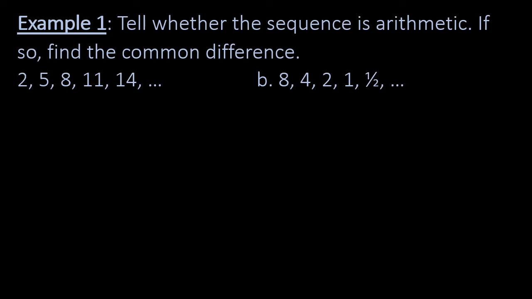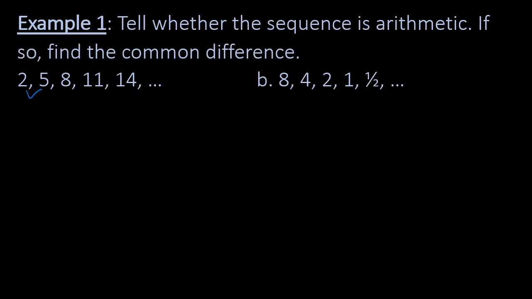All right, so number one, it says tell whether the sequence is arithmetic. If so, find the common difference. So if I'm looking at the list of numbers 2, 5, 8, 11, and 14, I'm asking myself, do they have a common difference? Is there something I can add or subtract to each term to come up with a pattern?